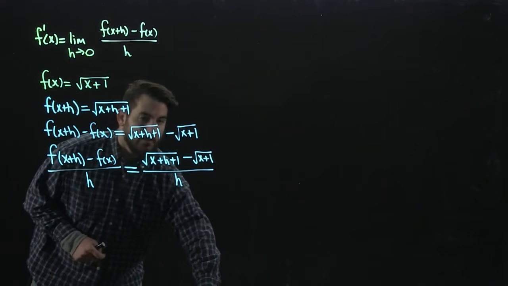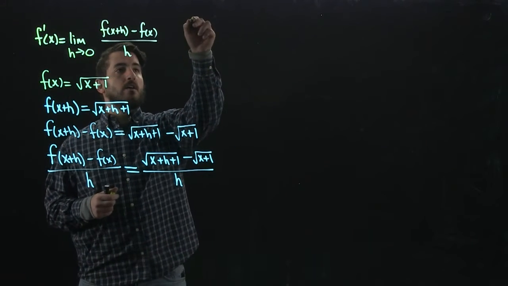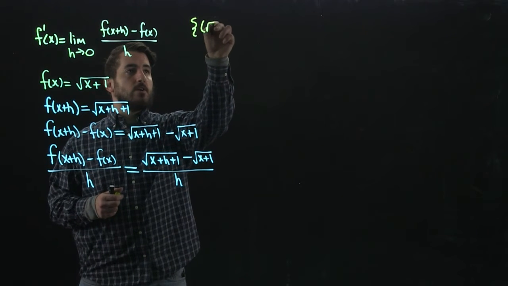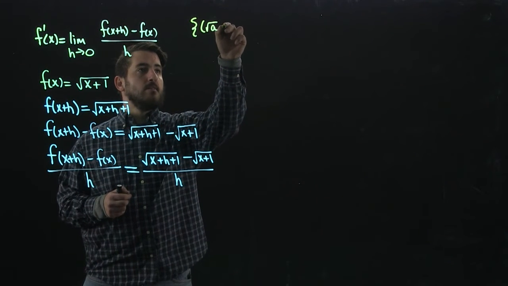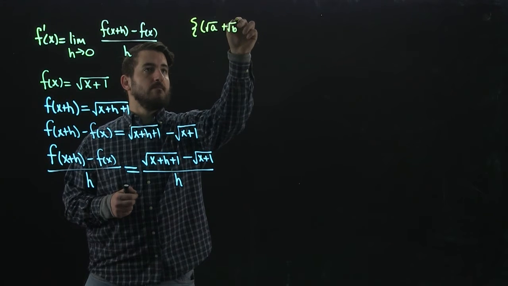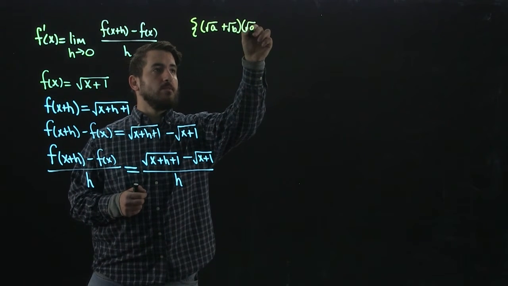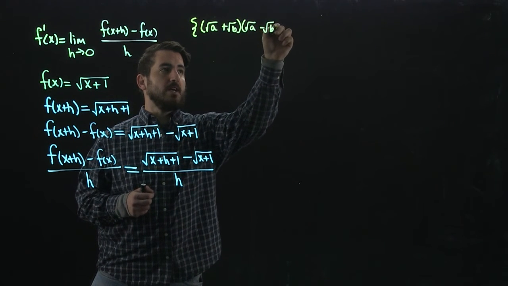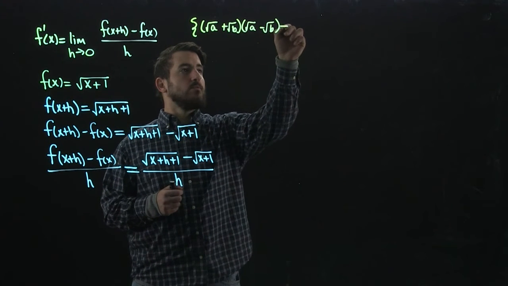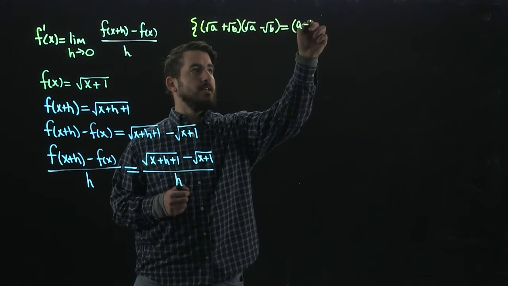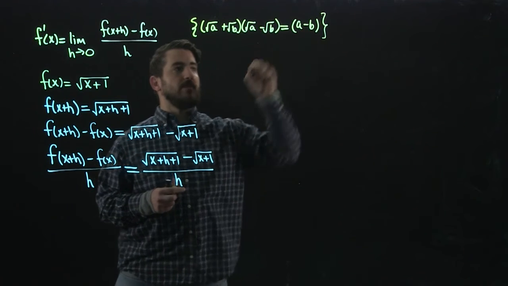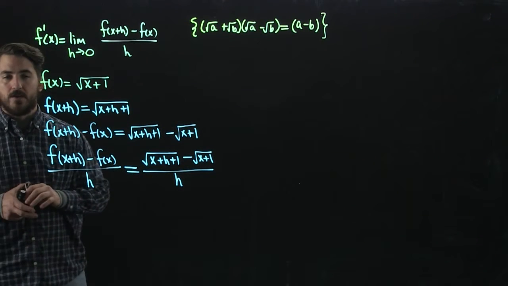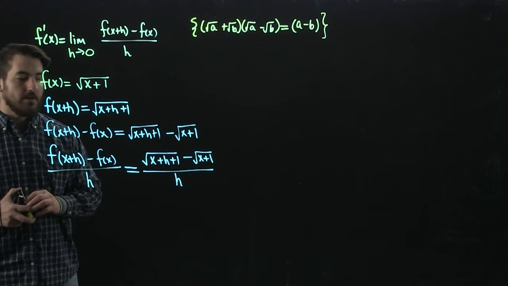So I want to remind you of something: if I were to look at the square root of a plus the square root of b times the square root of a minus the square root of b, this equals a minus b. Again, provided a is greater than or equal to 0 and b is greater than or equal to 0.